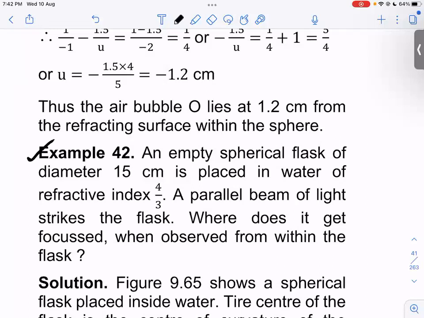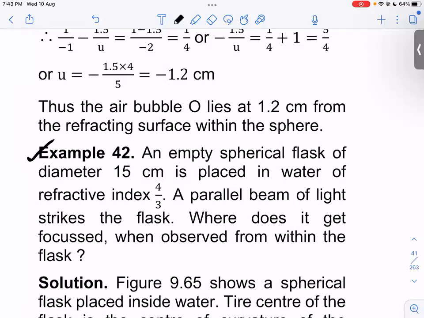First draw a flask. What shape does the flask take? It's spherical in nature. The diameter of the flask is 15 centimeter. It is placed in water of refractive index 4/3. A parallel beam of light strikes the flask. Where does it get focused?